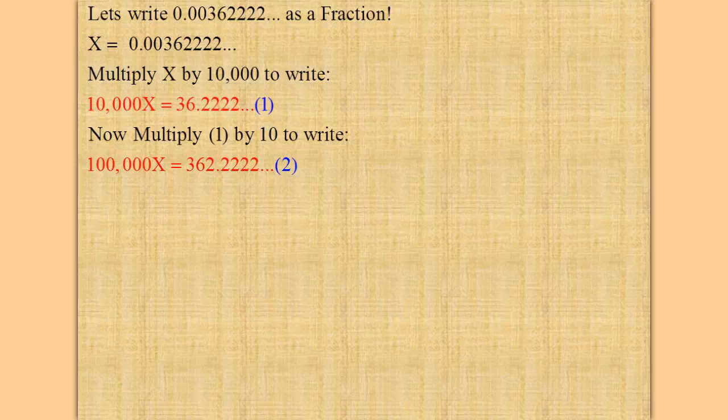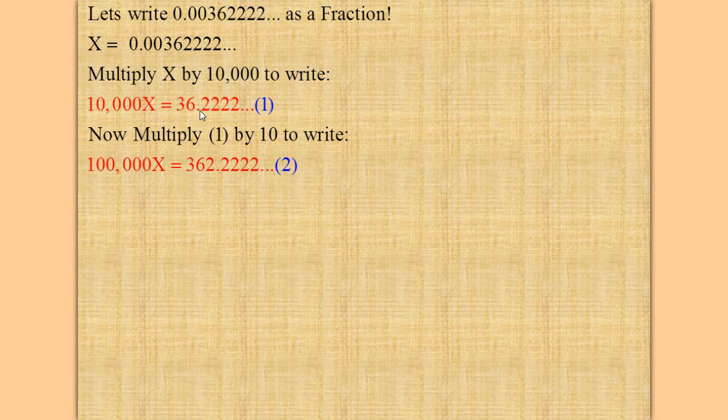So let's multiply x by 10,000 to get to the repeating part. That's 1, 2, 3, 4 decimal points we have to move over, so we multiply by 10,000 both sides. So 10,000x equals 36.222. We'll call that equation 1.